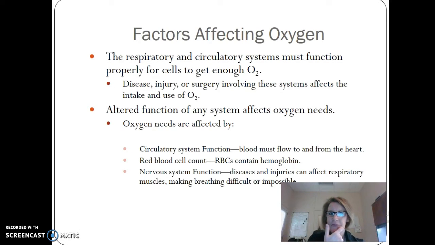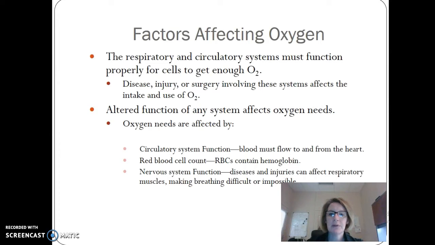So factors that are affecting oxygen: the respiratory and circulatory systems, we know, work together in order to properly get oxygen to our cells. Disease, injury, or surgery involving these systems affects the intake and the use of oxygen. Altered function of any system affects oxygen needs.